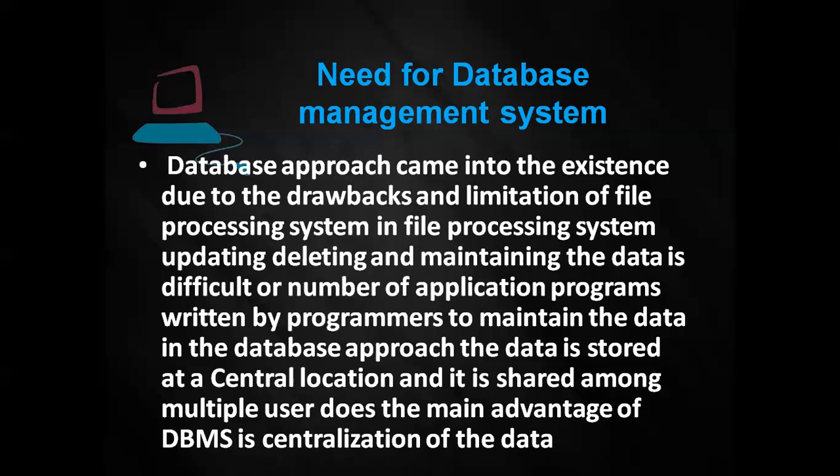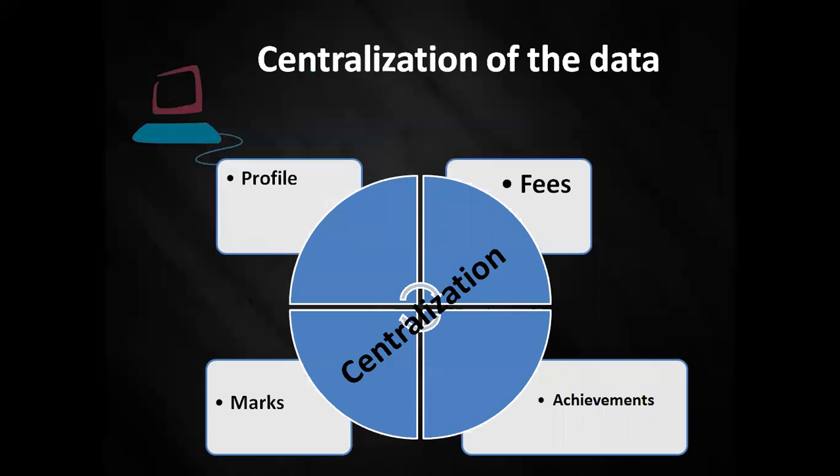But in a database management system, these separate files are linked with each other. For example, with this chart, we can understand: for a particular student, we keep his profile, means his personal details, name, address, contact number, parent details, date of birth, and everything in the profile. And in the second table, we arrange his fees details, whether it is paid or not.